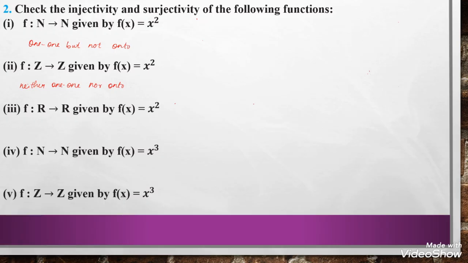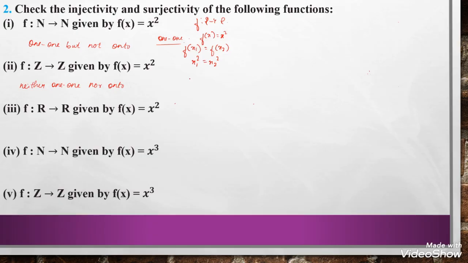Okay, let us consider the third condition. A function f from real numbers to real numbers is given by f of x is equal to x square. Now I will apply the definition here. According to the definition, f of x1 is equal to f of x2 for the 1-1 condition. So f of x1 equals f of x2, that is x1 square is equal to x2 square.